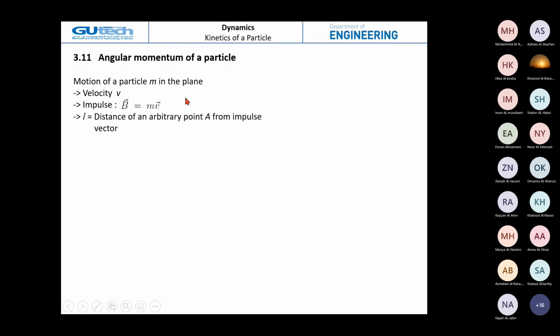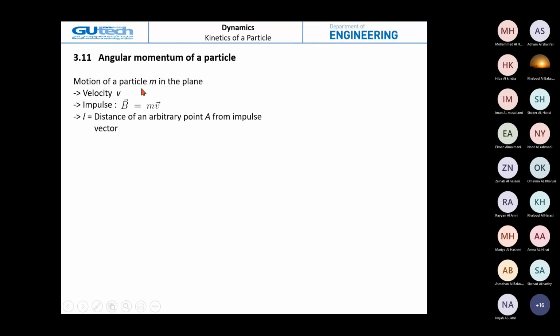Okay, now what we have seen until now, we have seen the impulse, which has been defined as the integral of the forces, which is equal to B, and B, the impulse, is only the mass multiplied by the vector velocity.